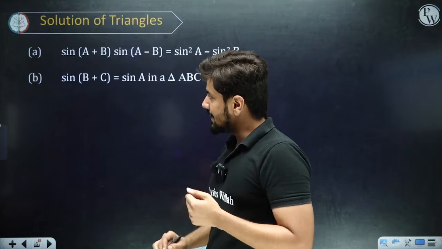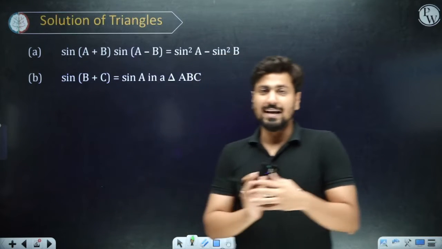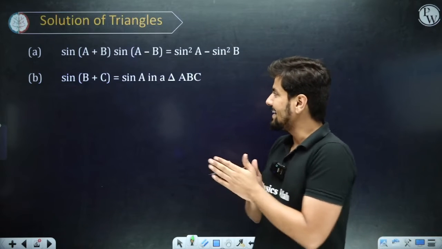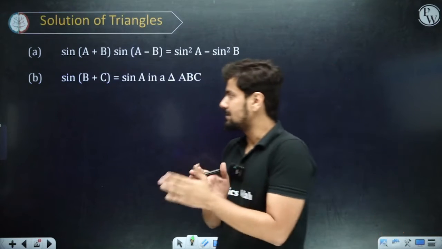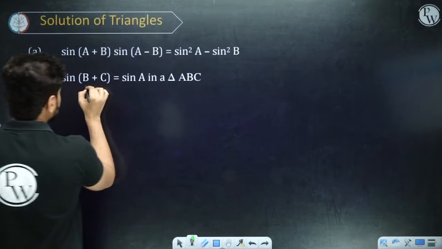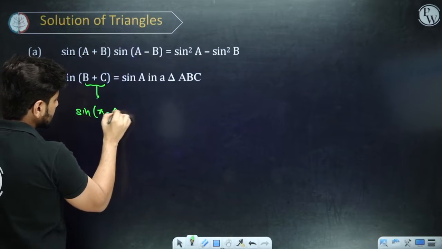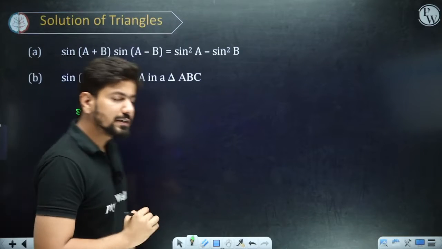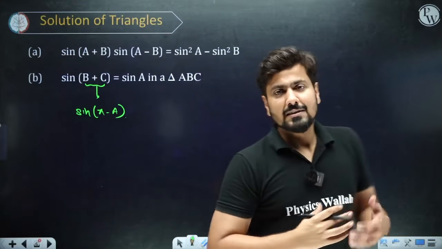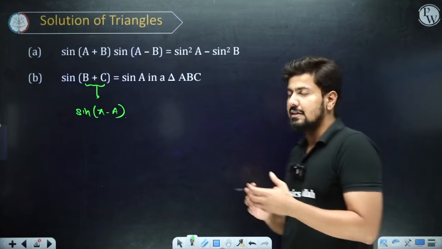Now another identity: sine of (B plus C) is equal to sine of A in any triangle ABC. Simply just replace B plus C with pi minus A, because we know that the sum of all the three angles in a triangle is pi.